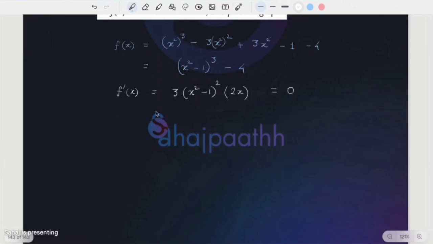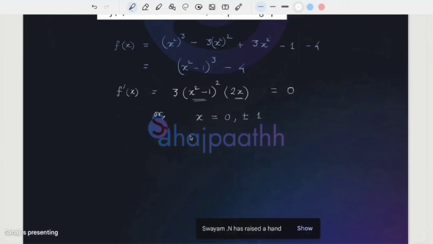Put it equal to 0. You get two different answers, x equals 0 and x equals 1. There are two factors, so x equals 0 and x equals plus minus 1, because this is squared.